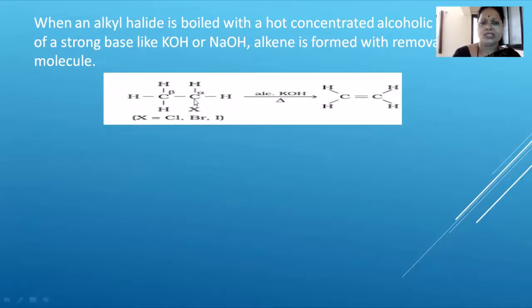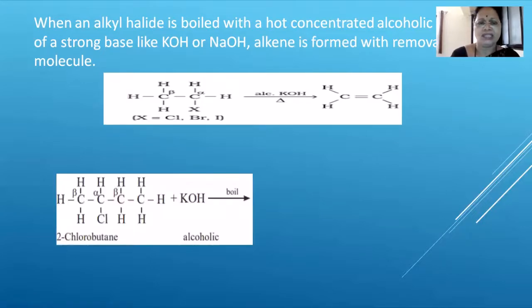Now this one is the halogen carrying carbon, which is denoted by alpha, then the adjacent carbon by beta. When it is heated with alcoholic KOH, removal of X and H from adjacent carbon atoms takes place, forming the corresponding alkene. Okay, here ethene is formed.